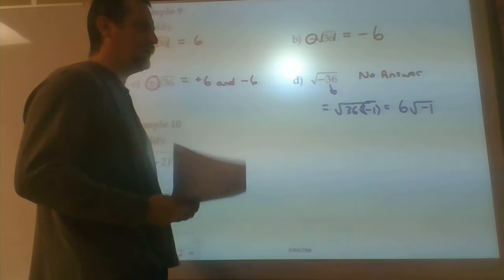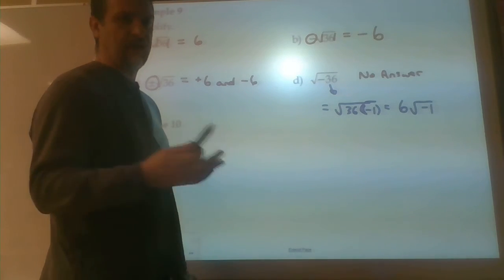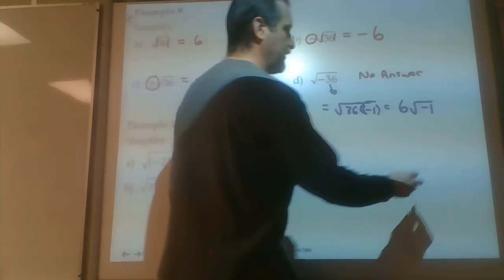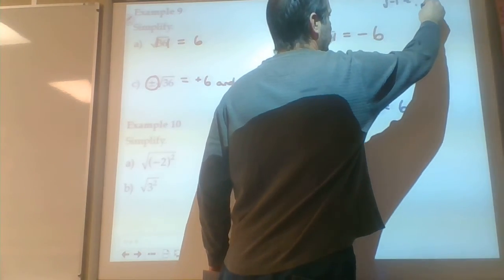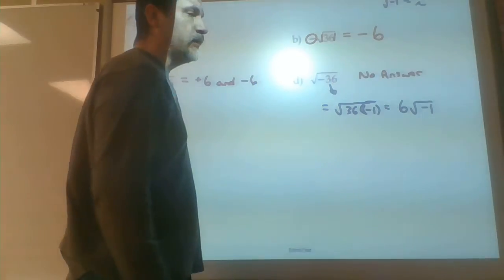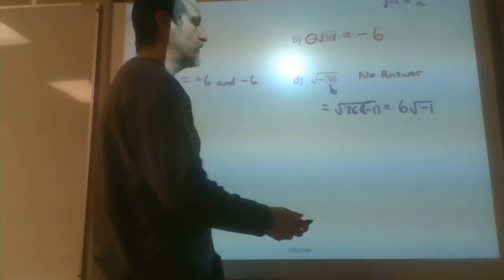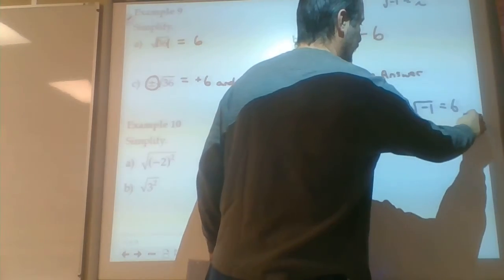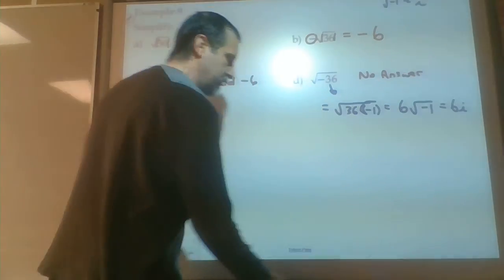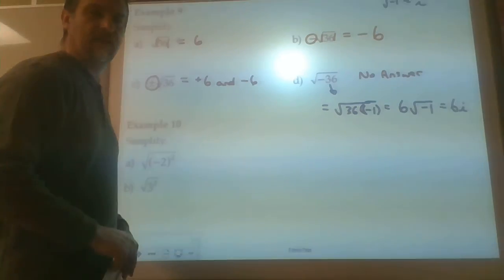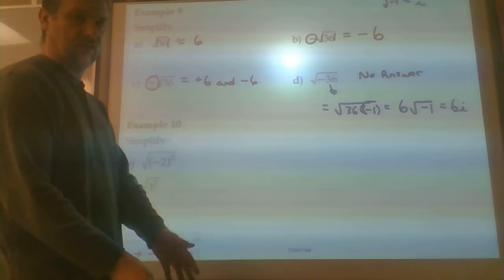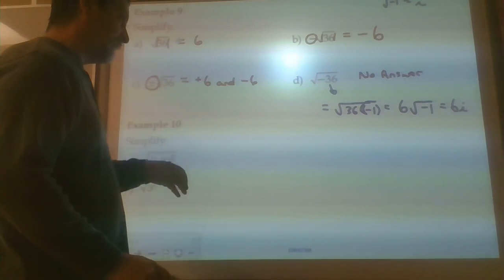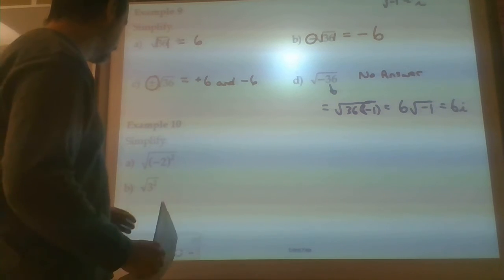As you continue working through math, you're going to find out that the square root of negative 1 has a math term for it, and we call it lowercase i. So that's going to be an answer that is 6i, if you continue with math in the future. Nothing too complicated. It's just something that we can work with later. Two i's multiplied can cross each other out and make a 1. So it's helpful to save that value.